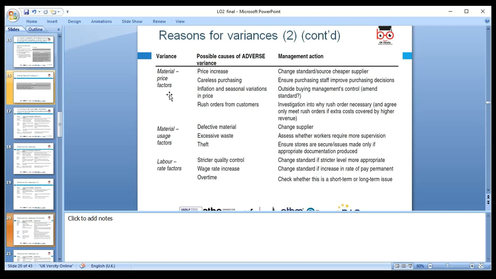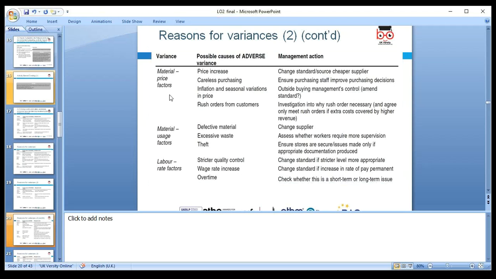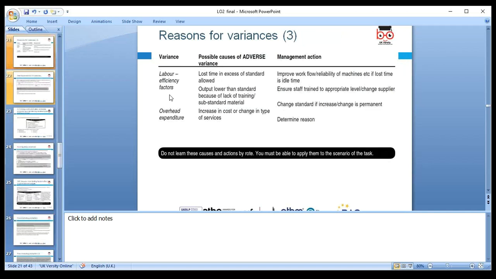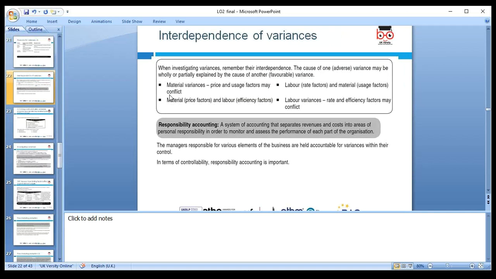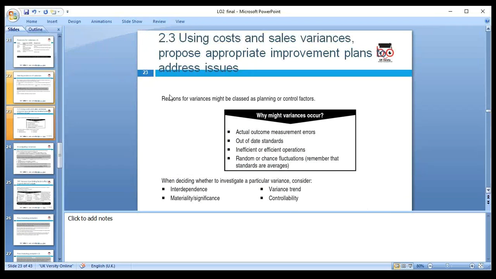Material usage: defective material, excessive waste, theft, fabricated material, stricter quality control, wage rate increases and overtime. Maybe people do not properly clock in and clock out. Management takes action and makes strategies. We should do independent inquiries and audits, which will help.